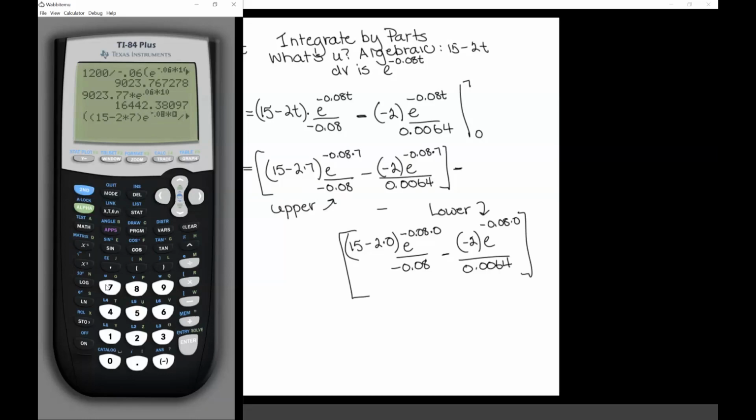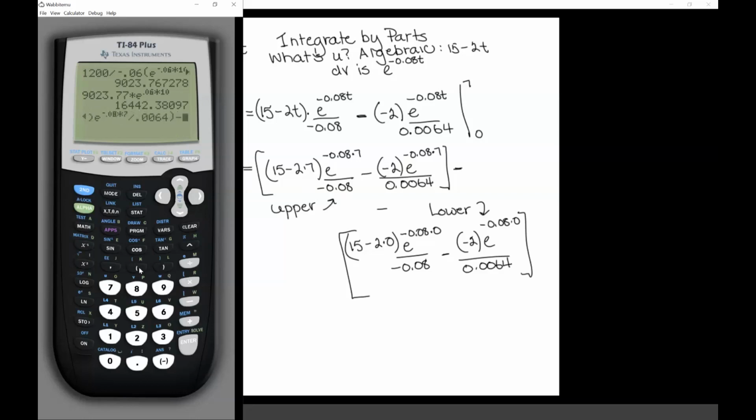The trick with this is go slow. If you rush it, you're only going to wind up doing it over again. So there's the 7 here, then I have the 7 here, and this whole thing's divided by 0.0064. There's my upper bound.